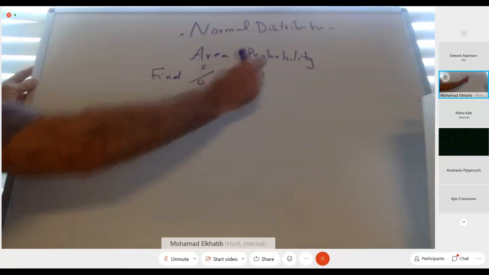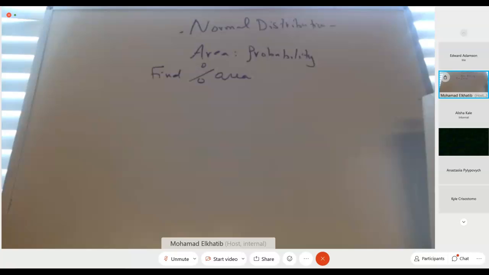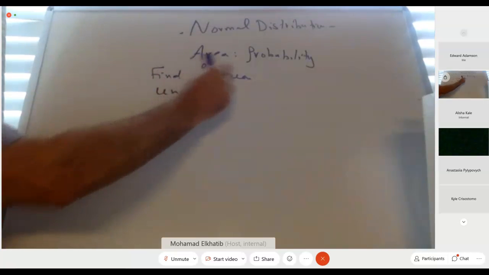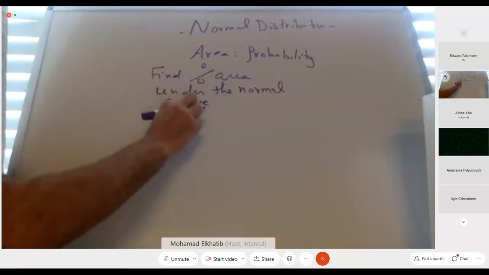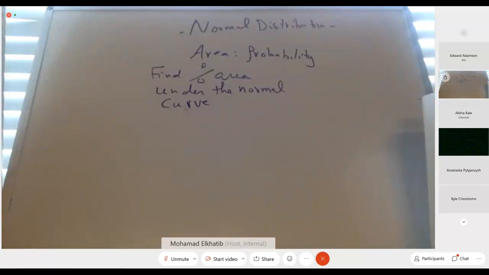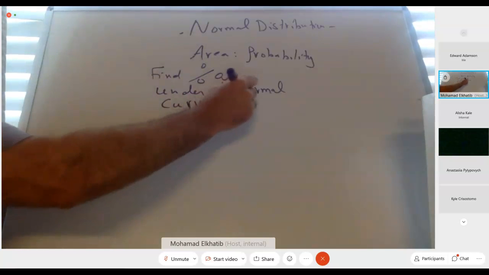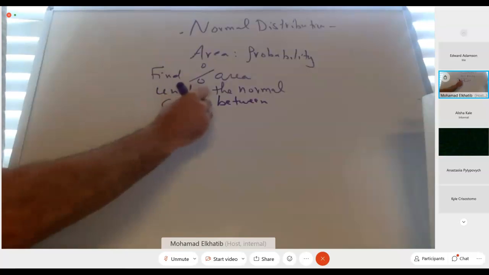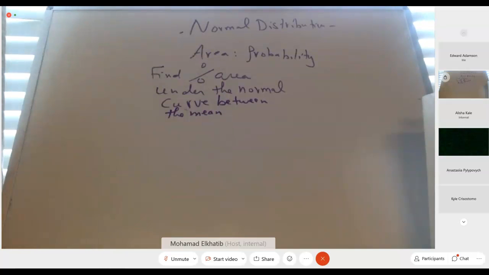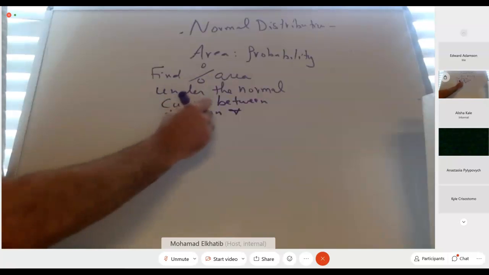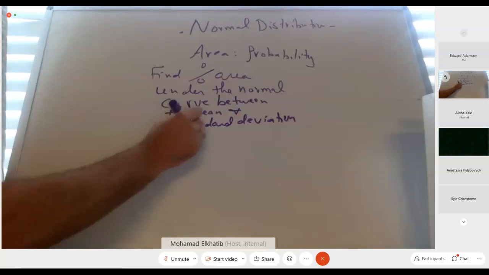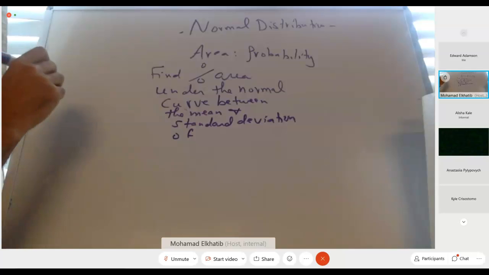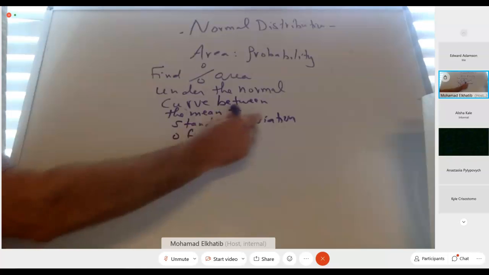Find the percent area under the normal distribution curve between the mean and standard deviation of negative 0.54.